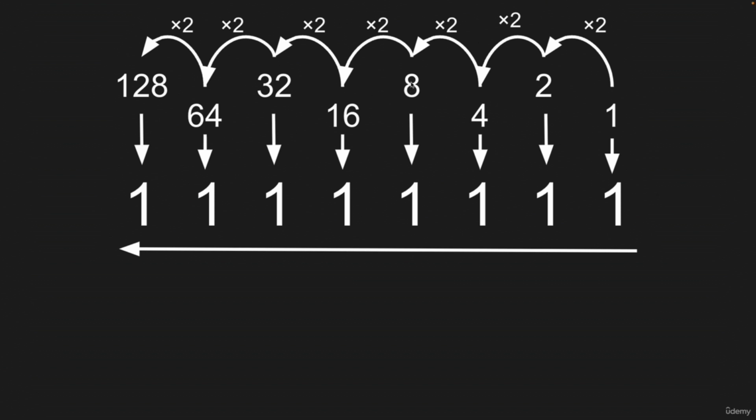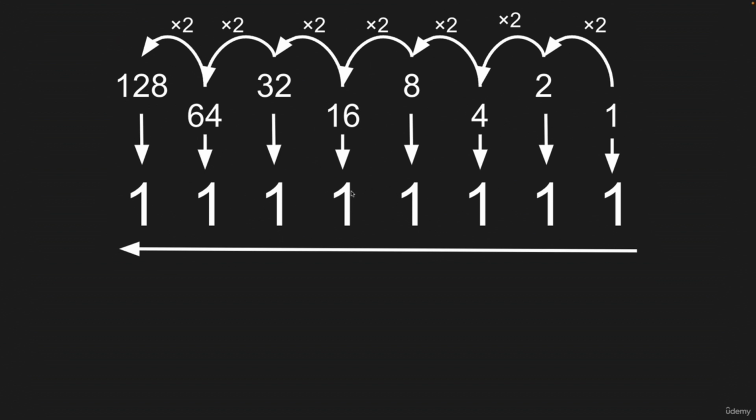Think about it like a base 2 system. You multiply by 2, right? Because it's base 2. So 8 times 2, 16 times 2, 32 times 2, 64 times 2, 128. And we do that every single time we go from right to left, and the decimal values just get bigger.